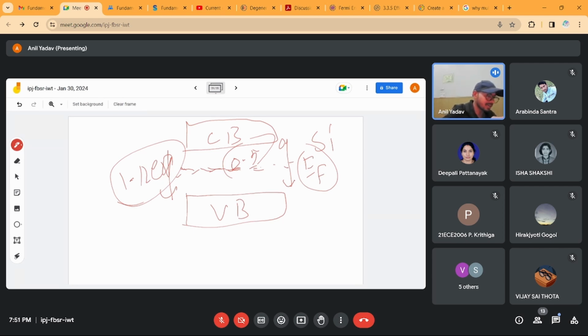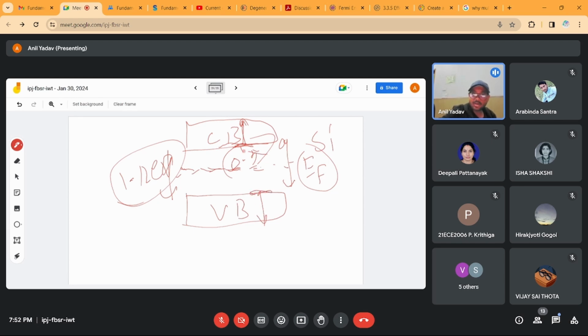Another thing: no energy states are allowed at the mid of the band gap. In between the conduction band and valence band, the energy levels are already split. All the energy states are above the conduction band edge, and all the other energy states are below the valence band edge.